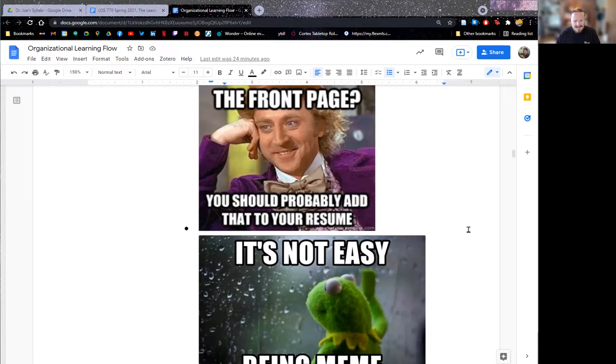And then you have this Kermit longingly staring out the window saying, well, it's not easy being meme. And the being meme part really gets to the embodied piece of the metaphor and how it's not easy being in touch with what's on the front page. And so the conversation that's happening between these two, we can have this whole discussion.